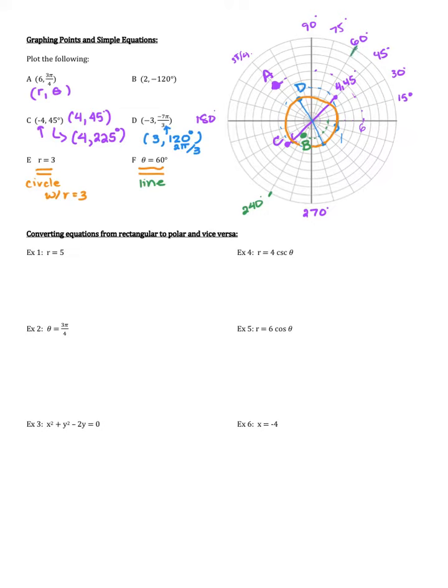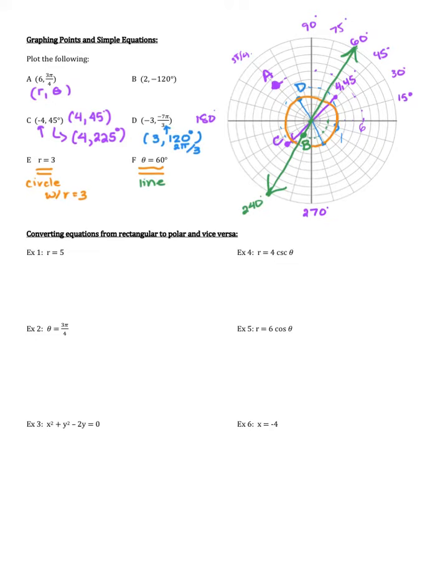So I come out here to 60 degrees, and in both directions, so this is going to just be the equation of a line that has basically a slope of 60 degrees going up and back. All right? So that's how you would just graph a point going around your circle.